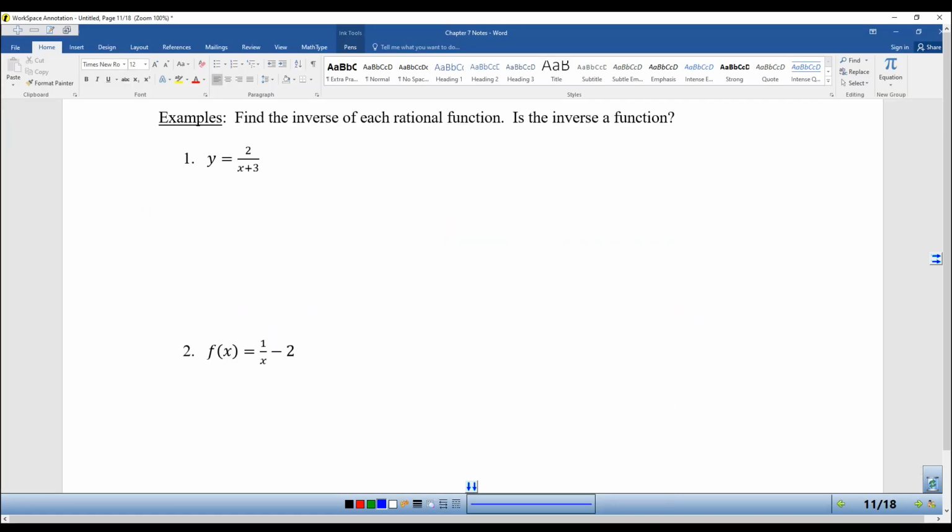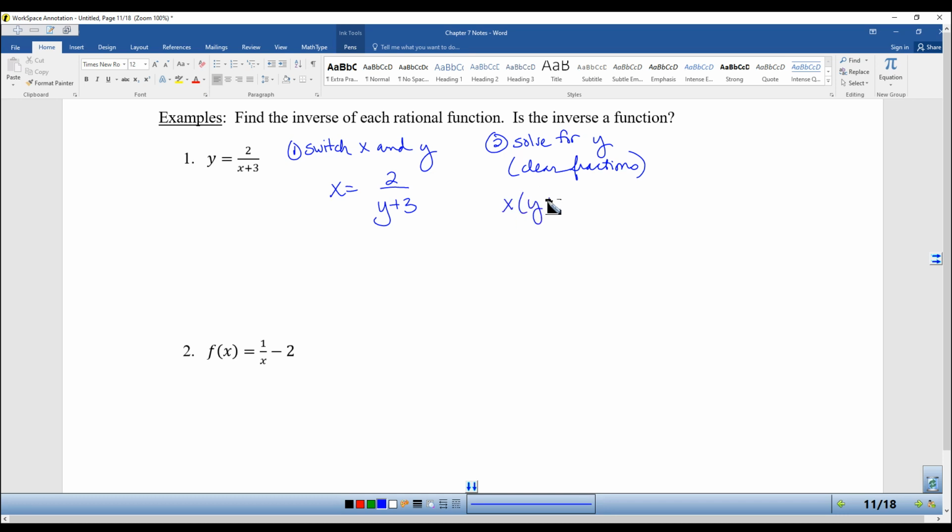So let's try and find the inverse of these. So remember, step 1 is always to switch x and y. So I get x is equal to 2 over y plus 3. Step 2 is to solve for y. Me personally, I always clear the fractions. So I get x times y plus 3 is equal to 2.